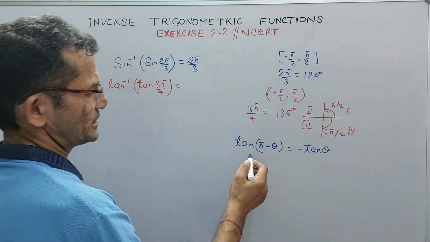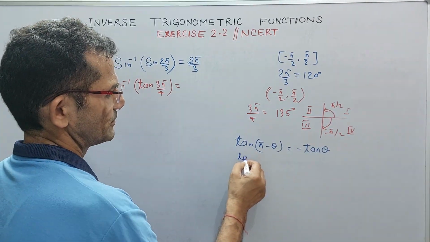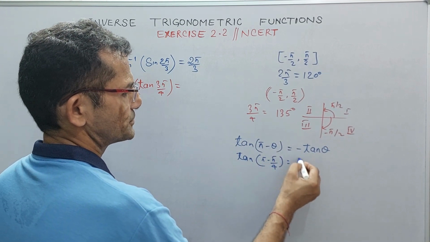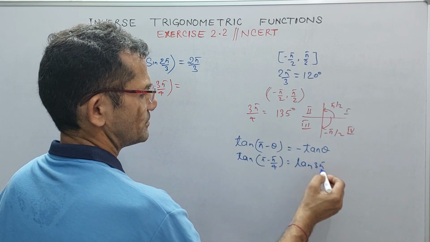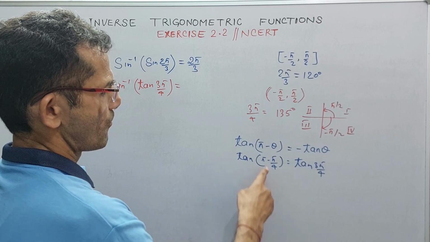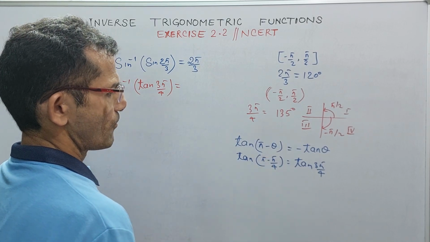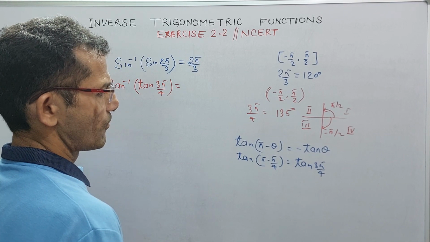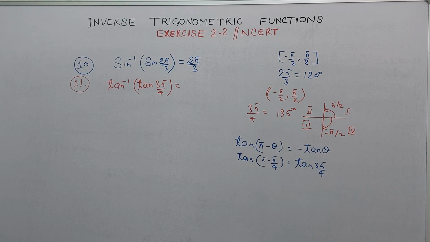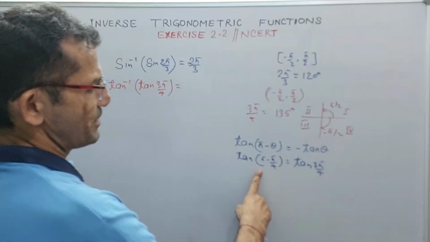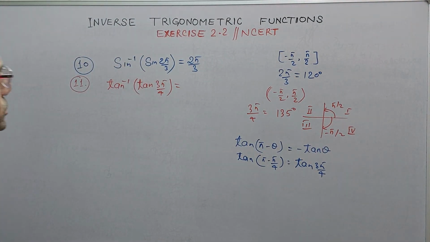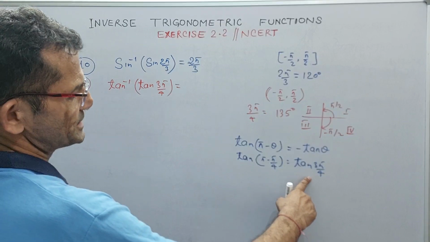Therefore tan 3 pi upon 4 will be, we replace 3 pi by 4 with pi minus pi by 4, so tan of (pi minus pi by 4) is equal to tan of 3 pi by 4.